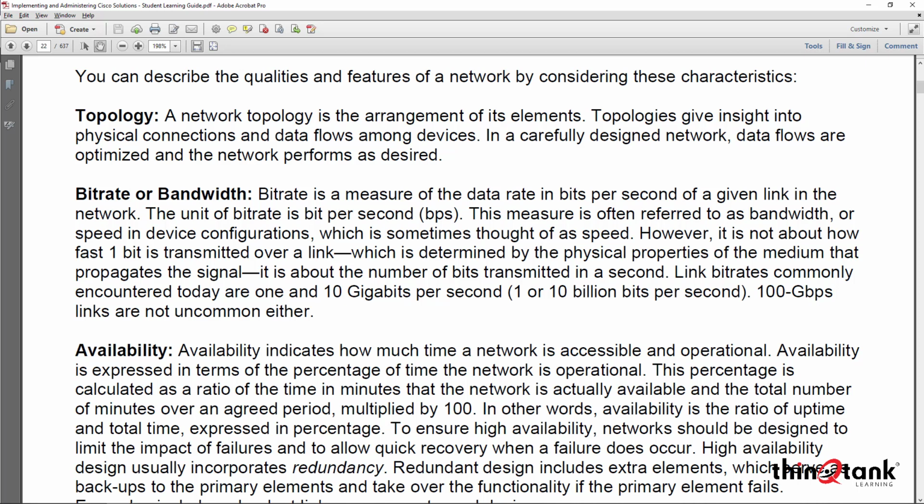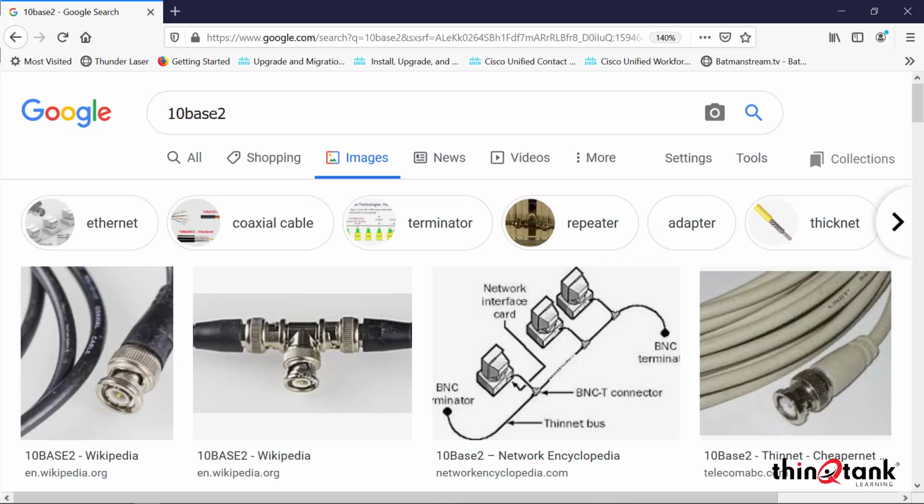Let me actually bring something up and show you what I mean. In the old days, when networking was just coming out, we had different options for physical architecture.